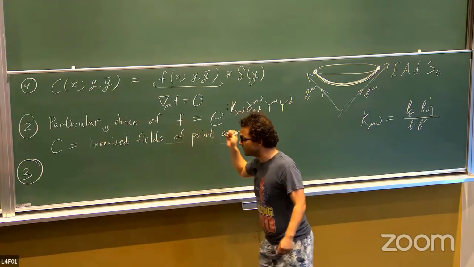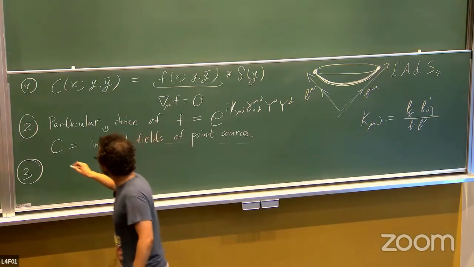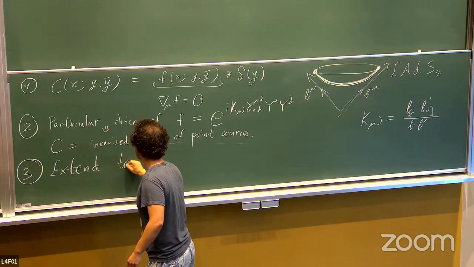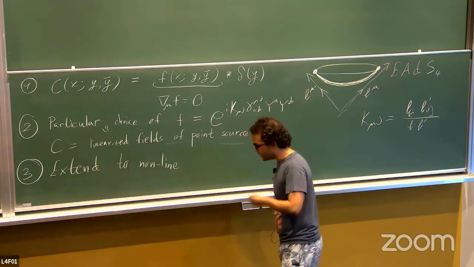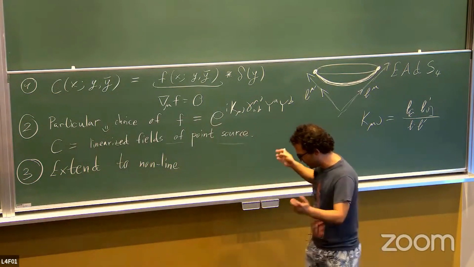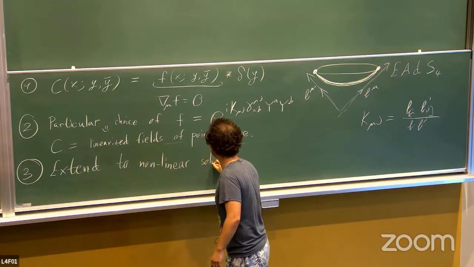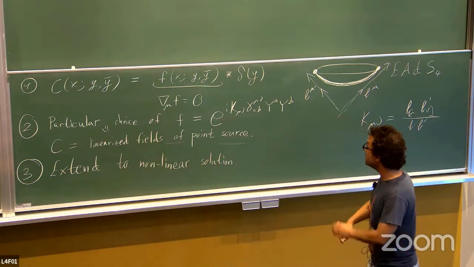It generalizes the linearized version of Schwarzschild. And then in the final step, it turns out to be possible to extend this, in analogy to the way the Schwarzschild solution can be extended from Kerr-Schild form to a nonlinear solution of the Vasiliev equations.